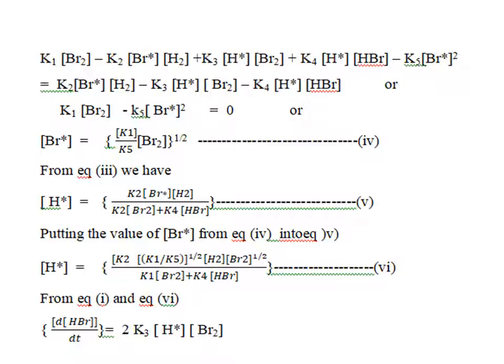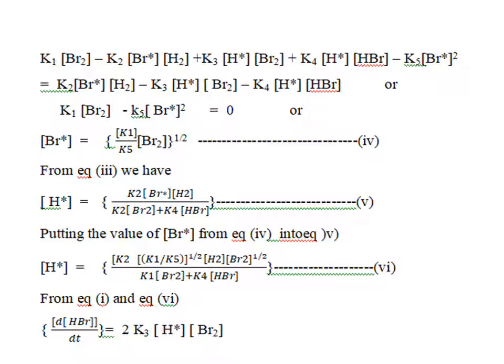Again, K1 Br2 minus K2 Br star H2 concentration plus K3 H star Br2 concentration plus K4 H star HBr minus K5 Br star square, that is equal to K2 Br star concentration into H2 concentration minus K3 H star concentration into Br2 concentration minus K4 H star concentration into HBr concentration, or K1 Br2 minus K5 Br star square, that is equal to 0.